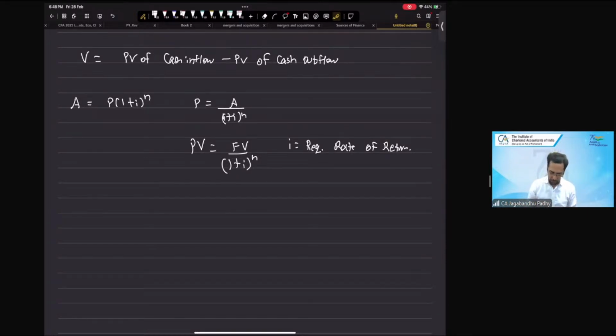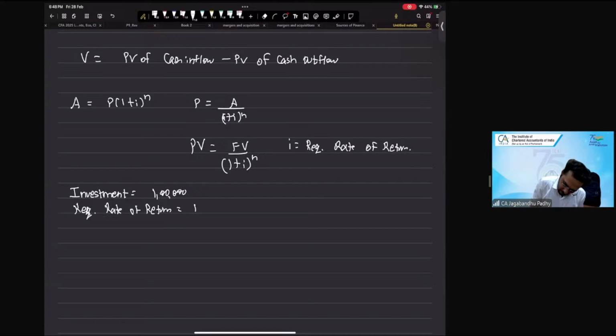Now, suppose you are investing 1 lakh, and your required rate of return is, let's say, 10%.